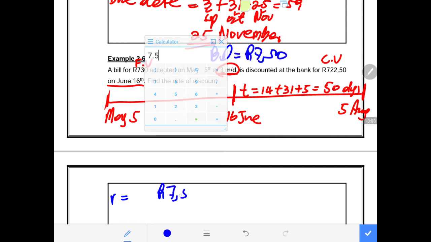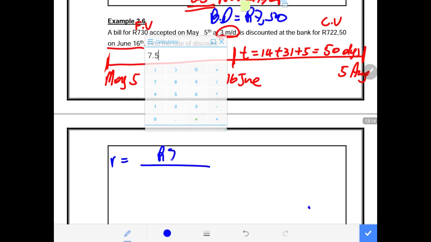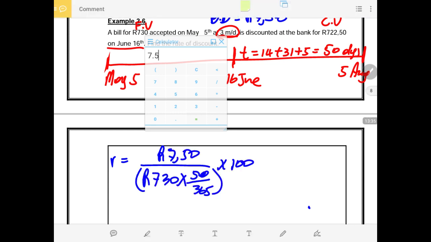Then we have 7 rand 50 cents divided by the face value of the bill, which is 730, times our T. Our T is 50 over 365. All of this has to be multiplied by 100.